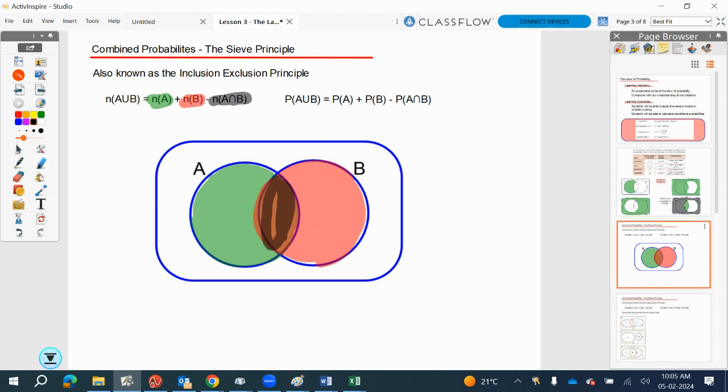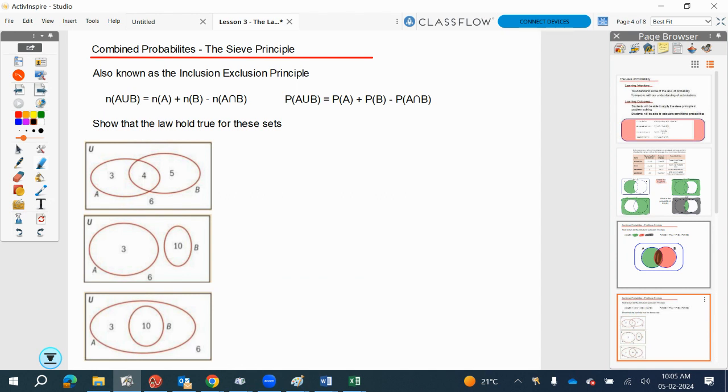What basically happens is if you add A, B, and C, then you have to take away the intersections between A and B, B and C, A and C, and then you have to add back in A, B, C in the middle. It's a little bit hard. Okay, have a go at seeing if this law holds true for these diagrams.